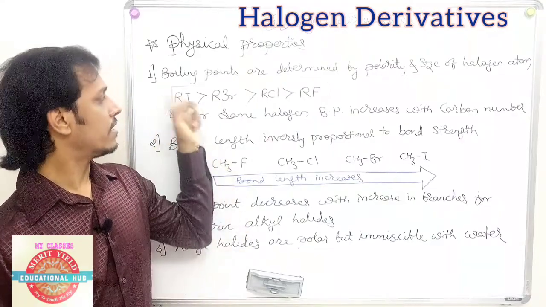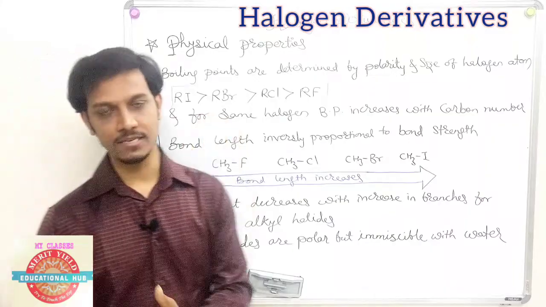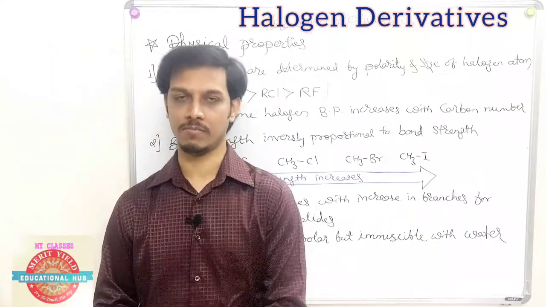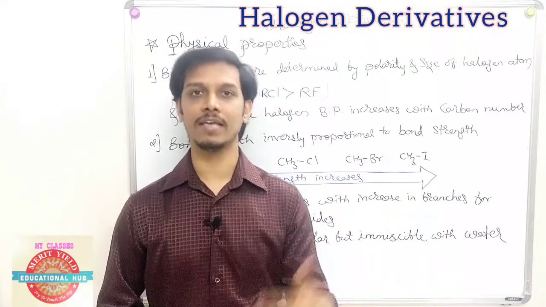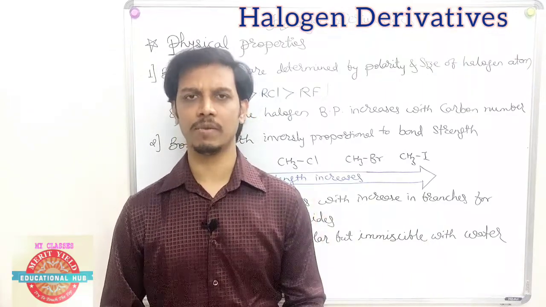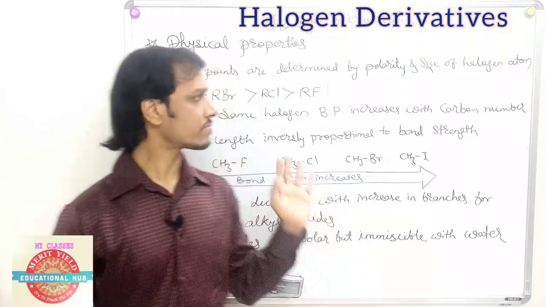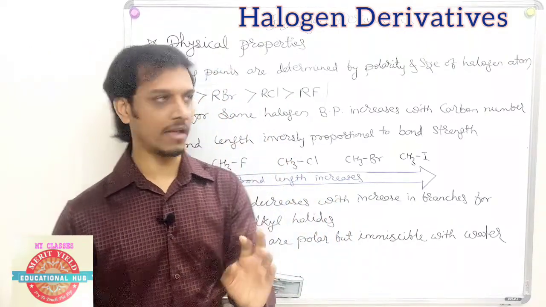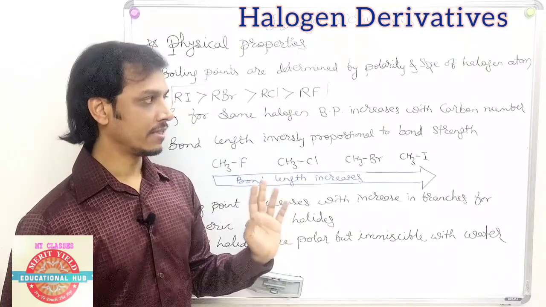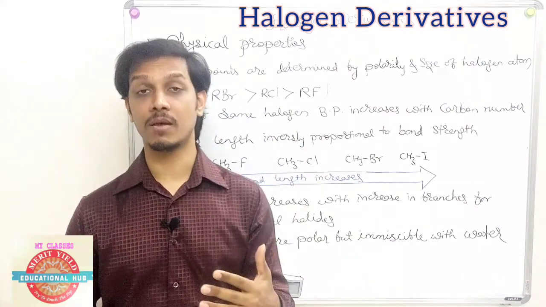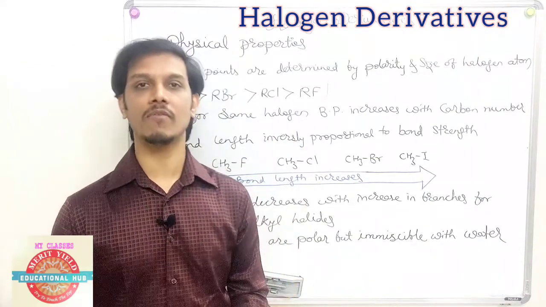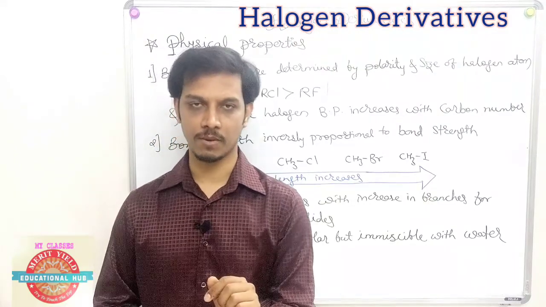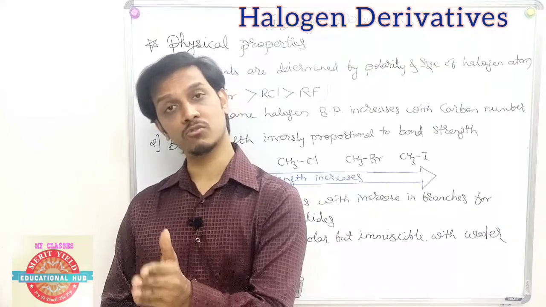If you see here, the boiling point of alkyl halides depends on the polarity and size of the halogen atom. Bigger the size of the halogen atom, higher the boiling point. Simple logic. Now if I'm using the same halogen, suppose chlorine, then boiling point depends on the number of carbon atoms. For example CH3CH2Cl is one compound, CH3CH2CH2Cl another.